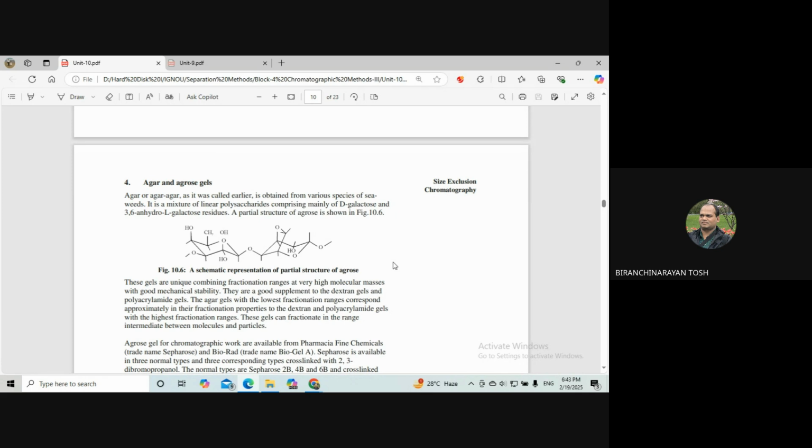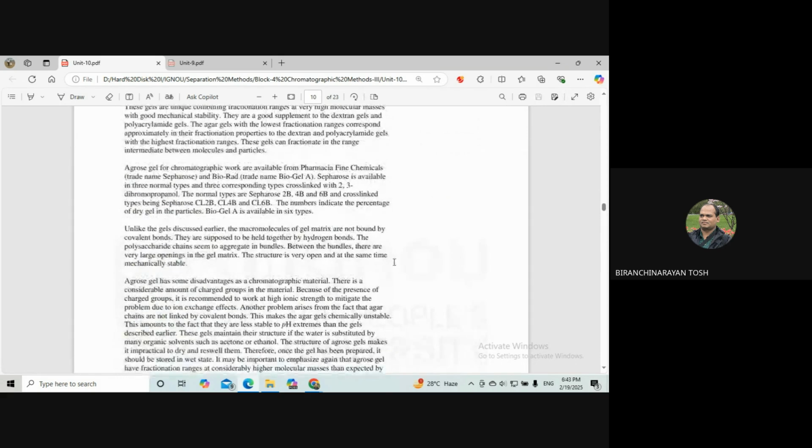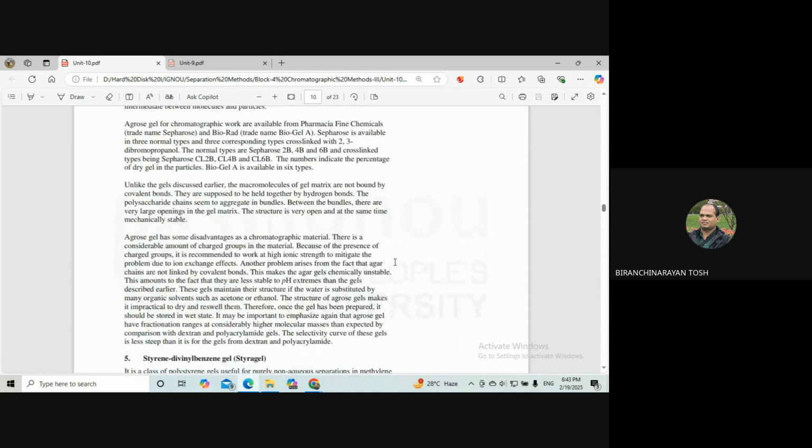So agarose gel has some disadvantages as a chromatographic material. There is a considerable amount of charge groups in the material. Because of the presence of charge groups, it is recommended to work at high ionic strength to mitigate the problem due to ion exchange effects.